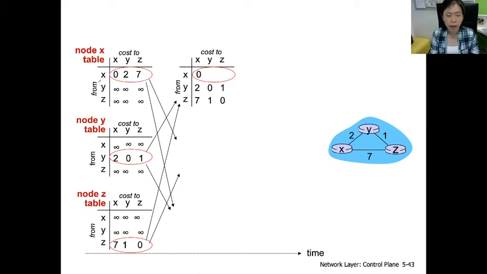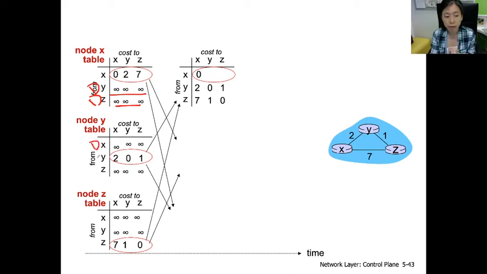Now, in node x, it maintains all neighbors' distance vectors, but at the initialization phase, node x did not receive anything from y nor from z yet, so dy and dz, these two vectors, are left null. I'm just using the sign of infinity there to represent null.